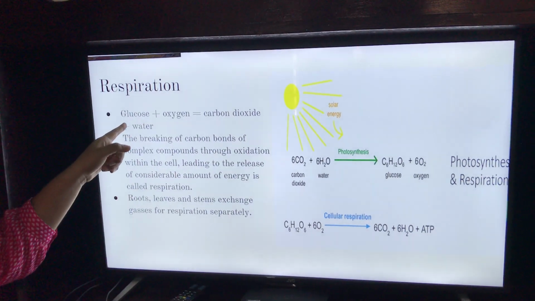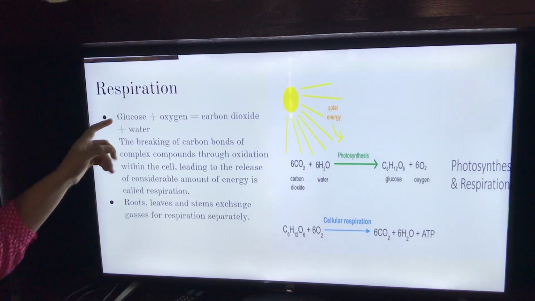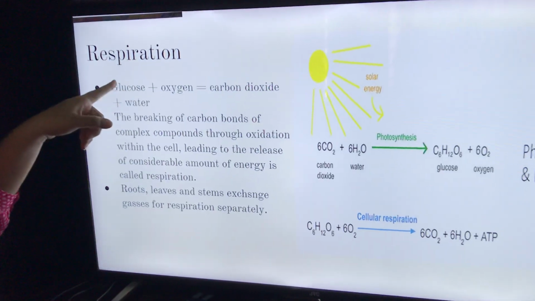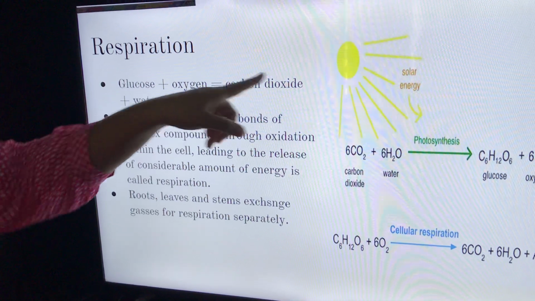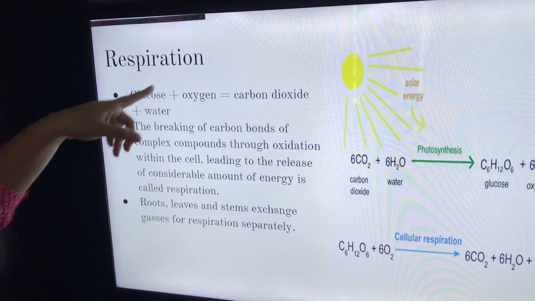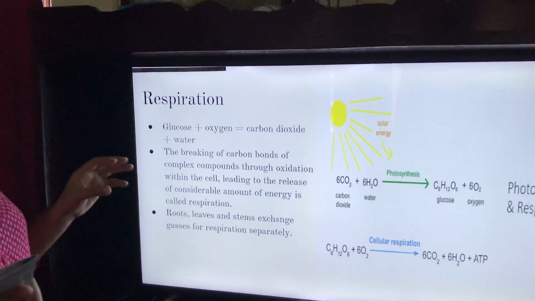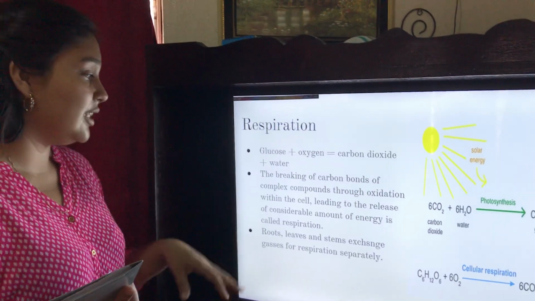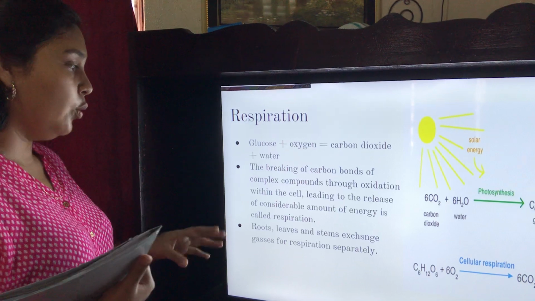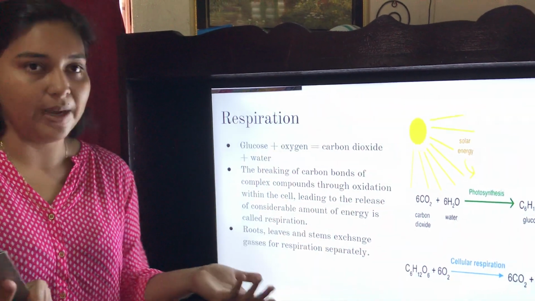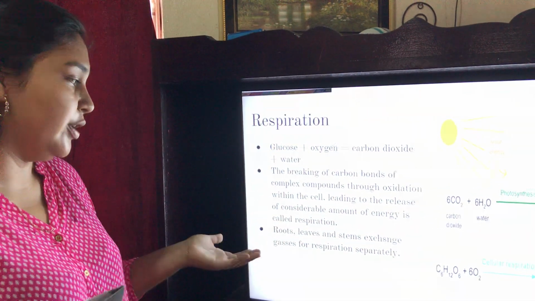So the breaking of carbon bonds of the complex compounds through oxidation within the cell will lead to energy that will be used by the plant, and that is basically what respiration is.